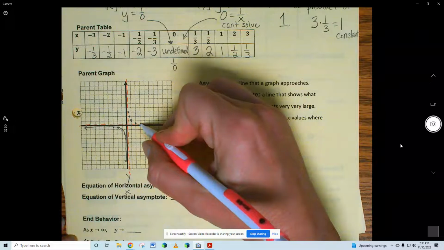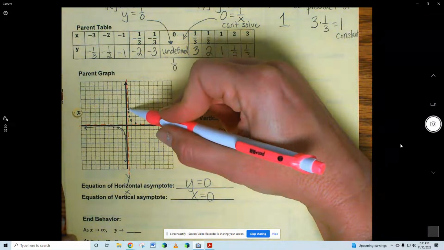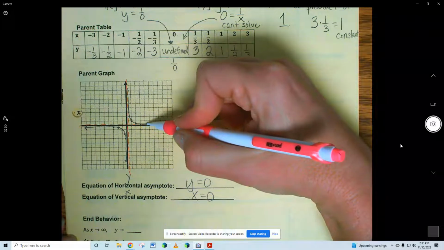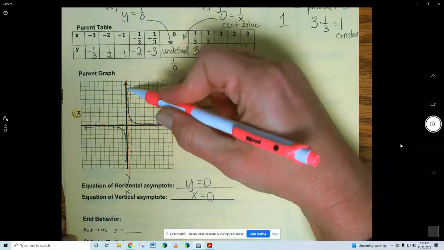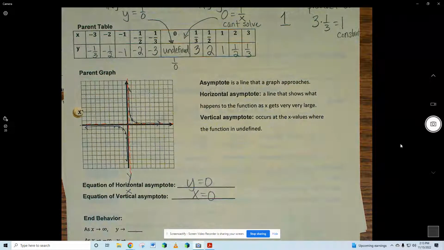Over 3 up 1/3. So I'm graphing it to get really close. Right? That's what the parent function looks like. This then can be shifted. 3 to the right, 4 down, 5 up, whatever.